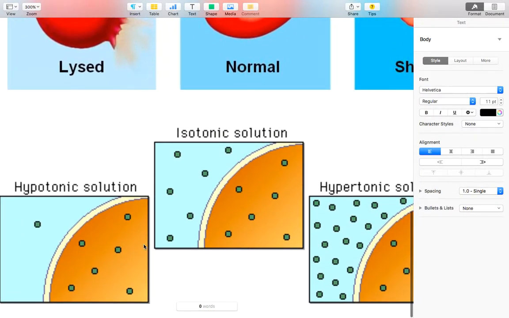Now, hypotonic, isotonic, and hypertonic are all different types of osmotic movements. These three categories fall under the basic concept called osmosis, and osmosis means the movement of water through a semi-permeable membrane.